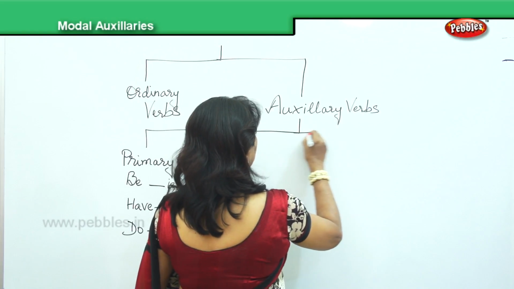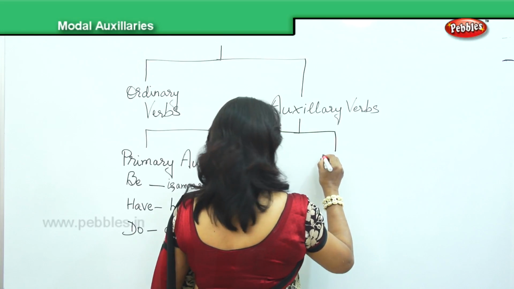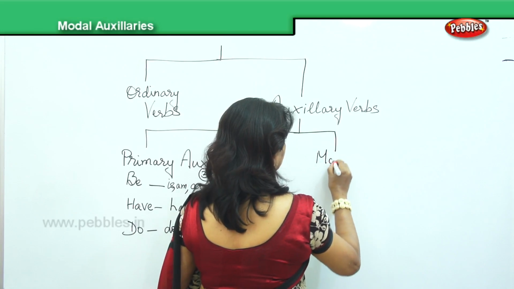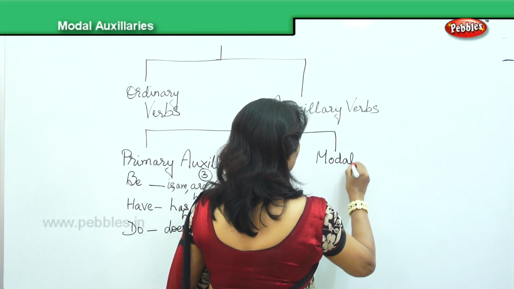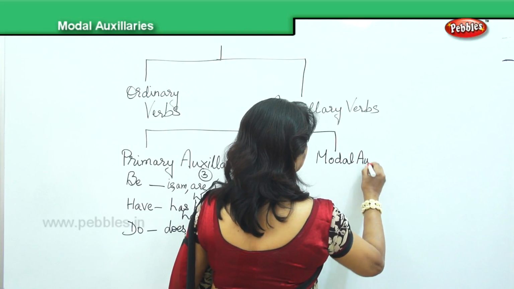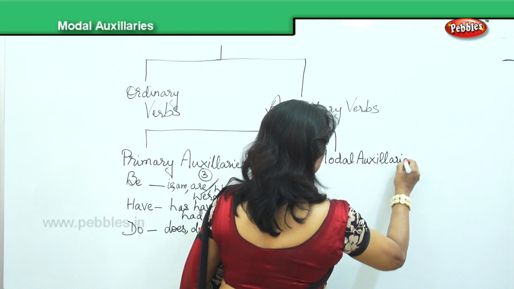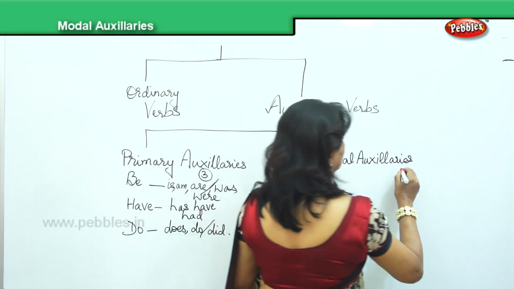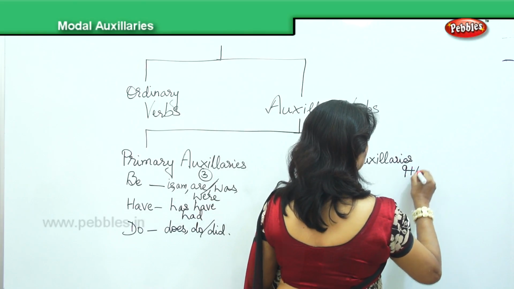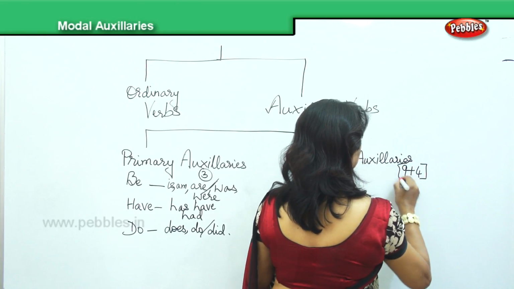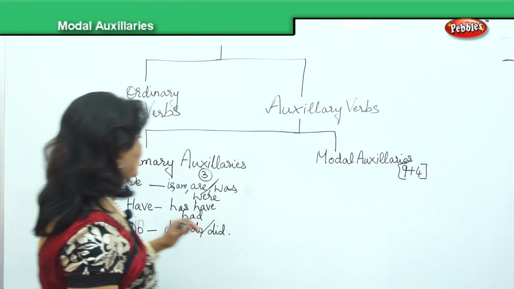The next one is the modal auxiliaries. The modal auxiliaries, these are 9 plus 4. Okay?